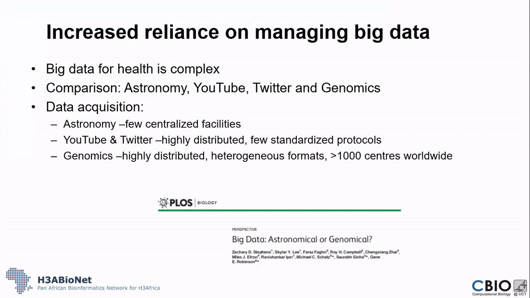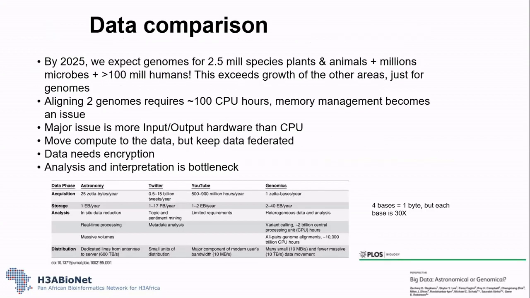So we're generally having an increased reliance on managing data sharing, managing big data. Somebody did a comparison with astronomy, YouTube, and Twitter. And I won't go through this in detail because I'm running out of time, but it's very different, the kind of data that we're dealing with in terms of data size, but also complexity and how it's coming in.